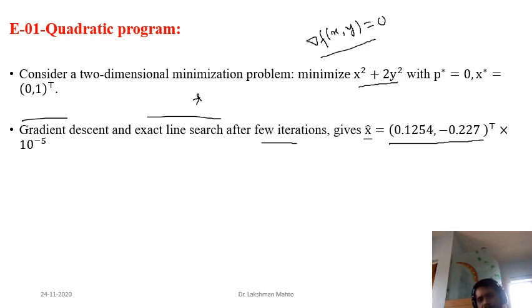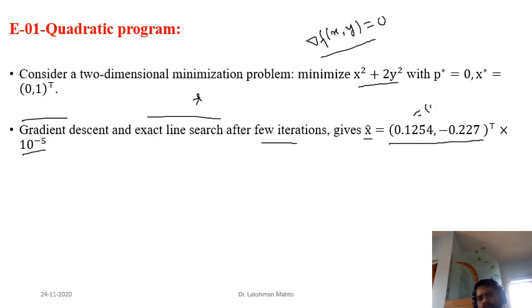The point you get is 0.125 times 10 to the power minus 5, and the second point is negative 0.22 times 10 to the power minus 5. So you can say that this point is very near to 0.